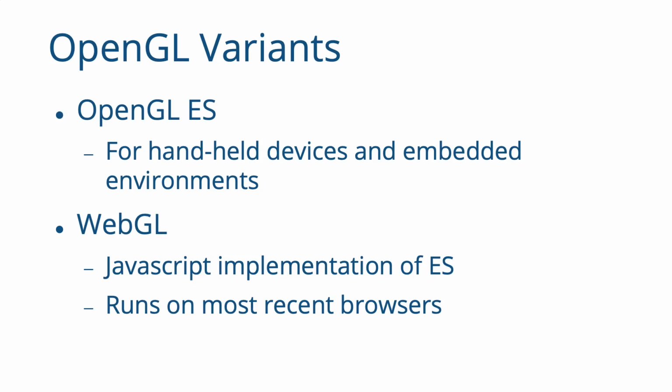So this is what runs on almost all your smartphones and powers the graphics on your smartphones. Then there is WebGL. This is a JavaScript implementation of the ES API, and it runs entirely within your browser. So you can actually display very cool 3D graphics inside your browser, without ever leaving your browser, via WebGL.